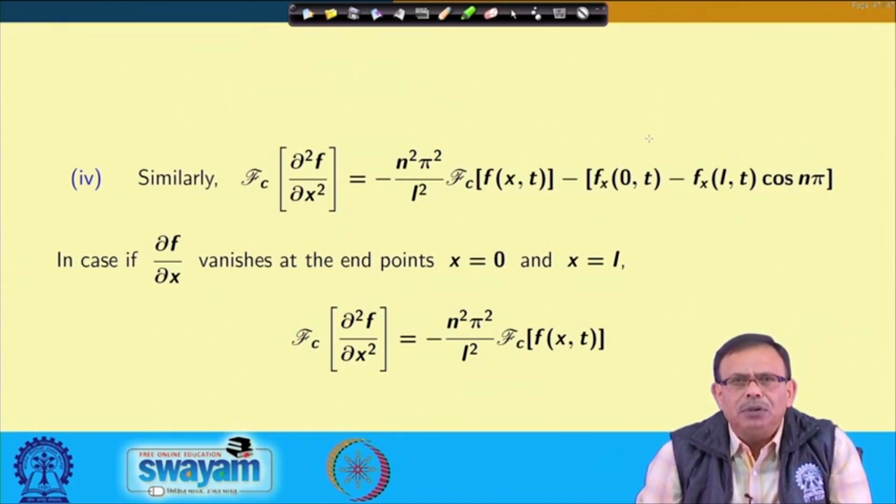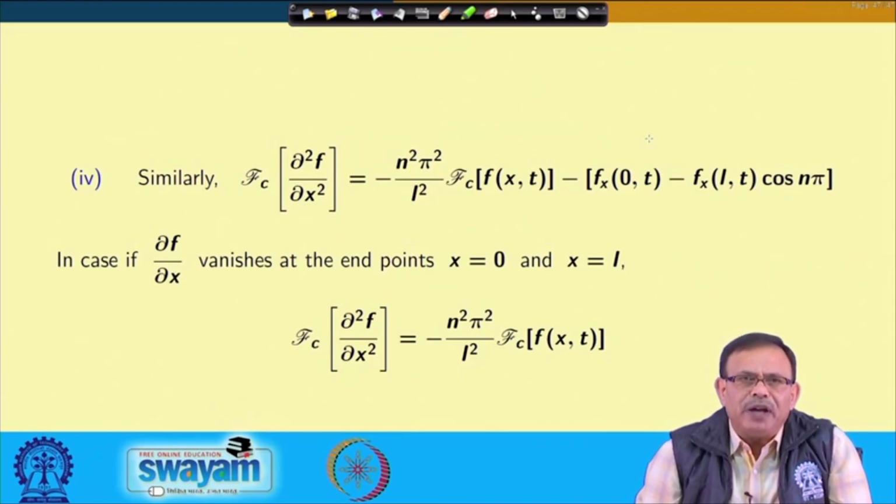I am not showing this, because if you follow the method we used for the finite Fourier sine transform of ∂²f/∂x², in the same way you will get this particular equation, in case ∂f/∂x vanishes at the end points x equals 0 and x equals L, just as we did as a special case for the finite Fourier sine transform.